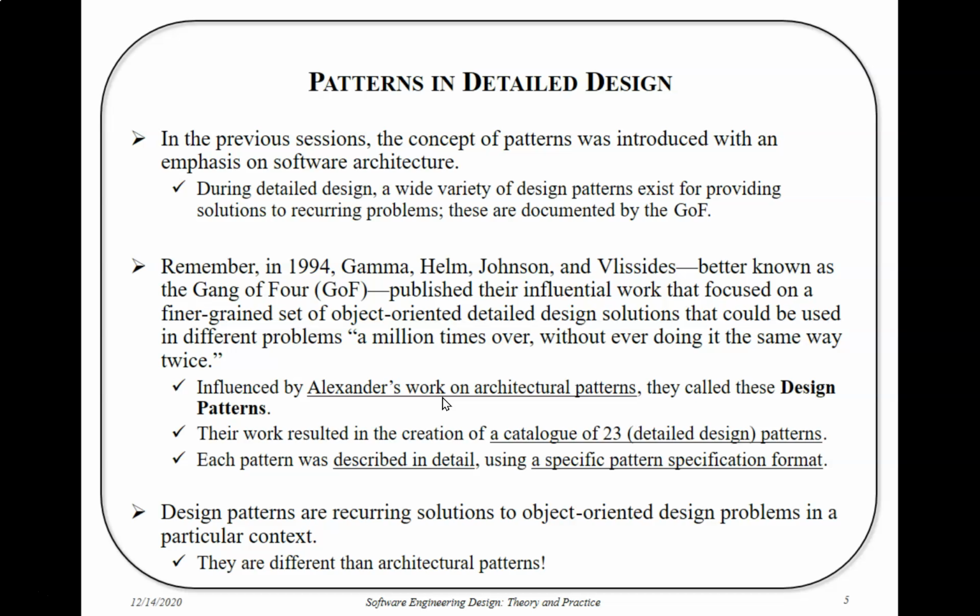Christopher Alexander is not a software architect, but a building architect who published a catalog of more than 200 building patterns in 1977. The Gang of Four took the example from there in terms of the format, how to capture design patterns to be used by other software architects. So they use a specific pattern specification format.